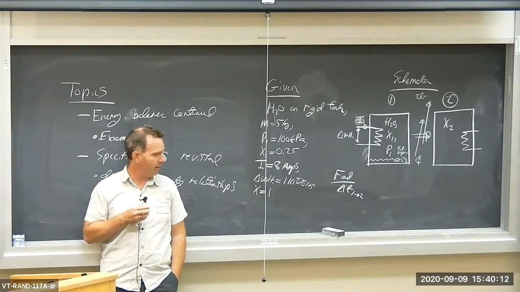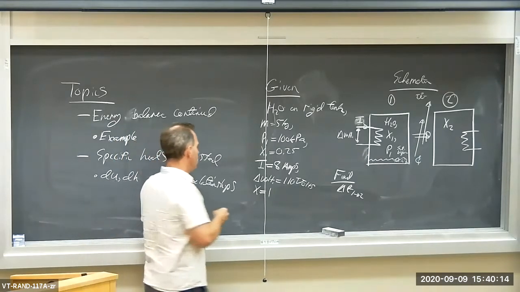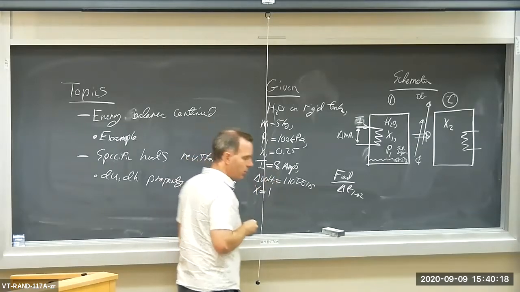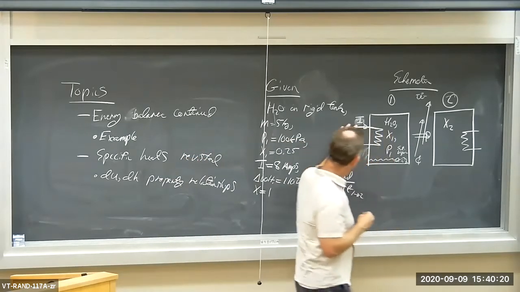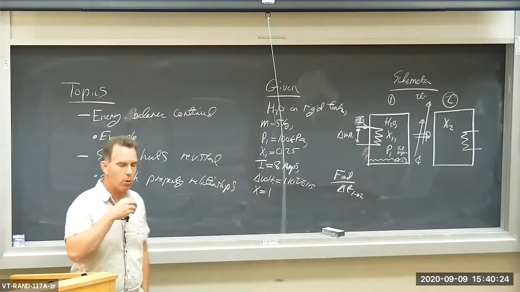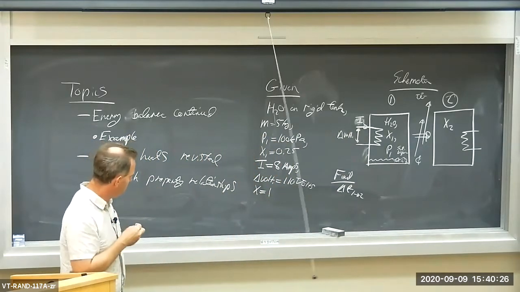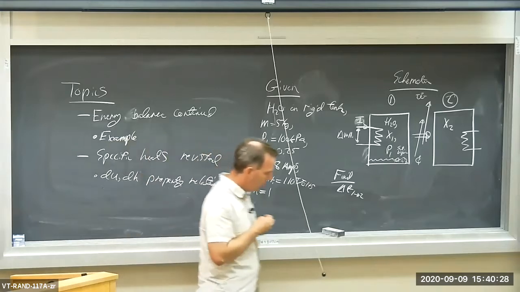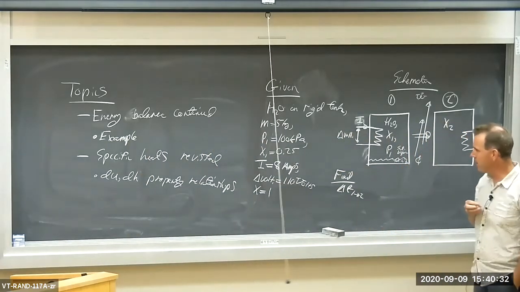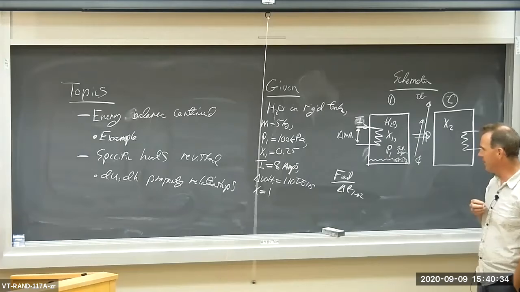And then, of course, we have the heating element. A current of 8 amps flows through the heating element, and the voltage difference across the wires is 110 volts. So basically, household mains voltage.